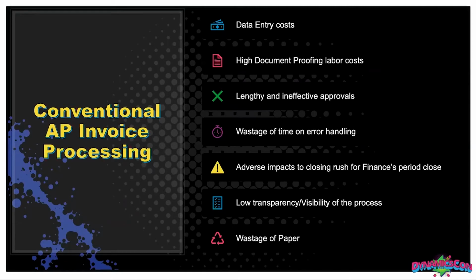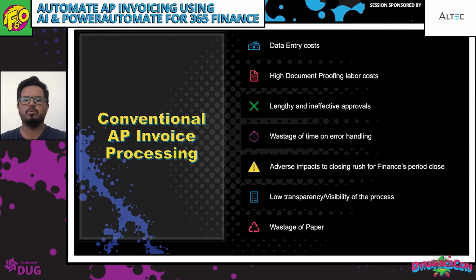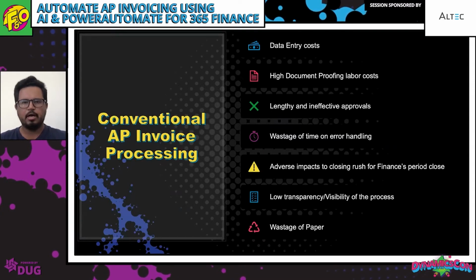Also, although it's not really recommended, we have seen from experience that some organizations do have external approvals for invoicing, by users who are not part of their core ERP team, and that really kills the time in the process. When we have errors with respect to data entry or anything else, it's very hard to correct those errors in the manual process, because you have to go and look for the documents. So it's very difficult there.